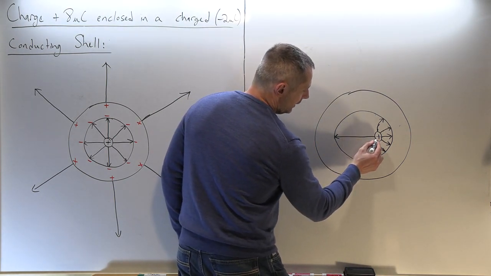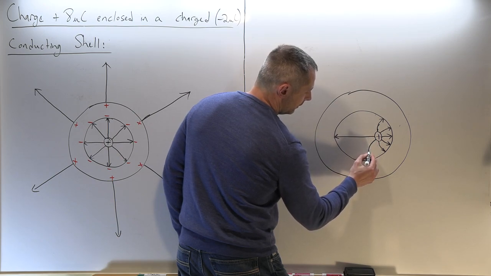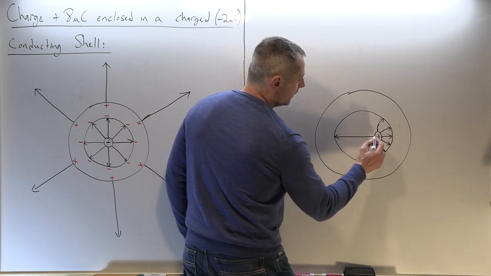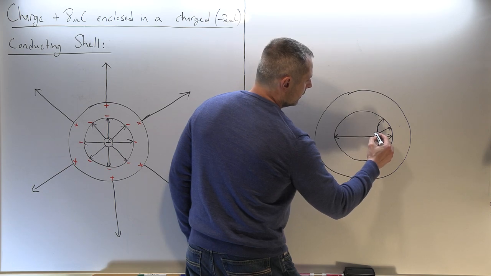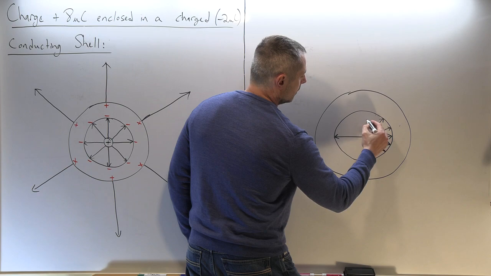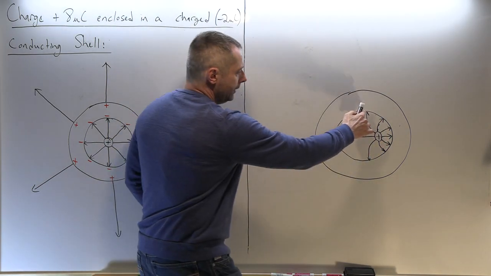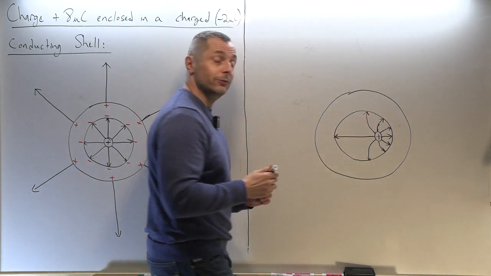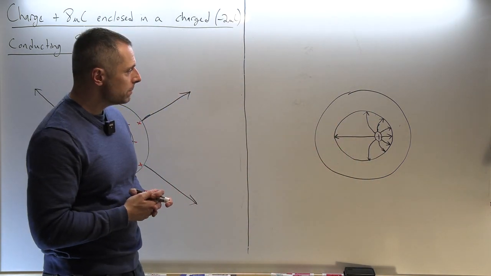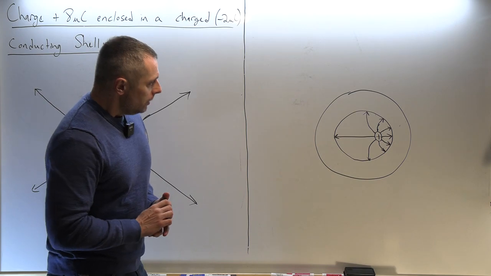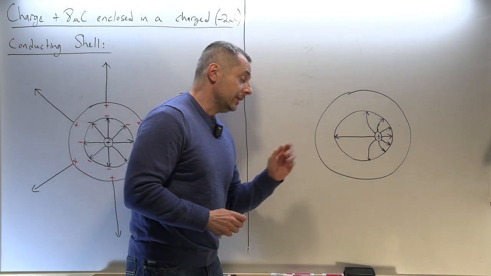They're going to hit at a non-90 degree angle. So we've got to go something like this maybe. And there. 90 degree angles everywhere. That's why the field lines had to curve like that. So that's the electric field there.